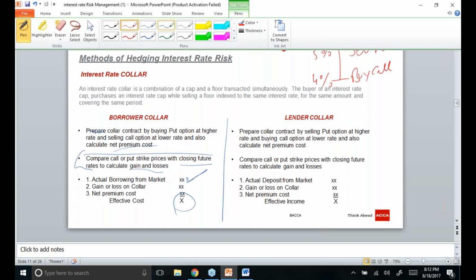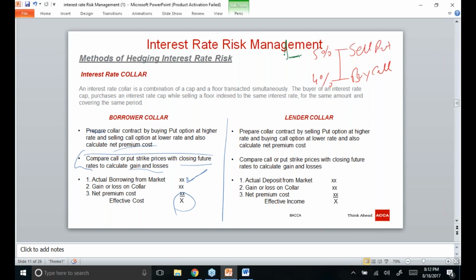If interest rates are going up, your maximum income will be 5%. And if interest rates are going down, your minimum income will be 4%. So you have locked your maximum income, and you have also locked your minimum income.